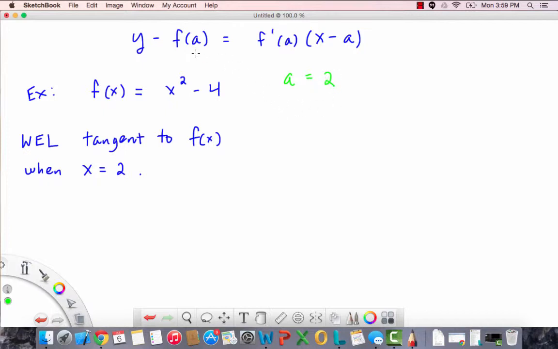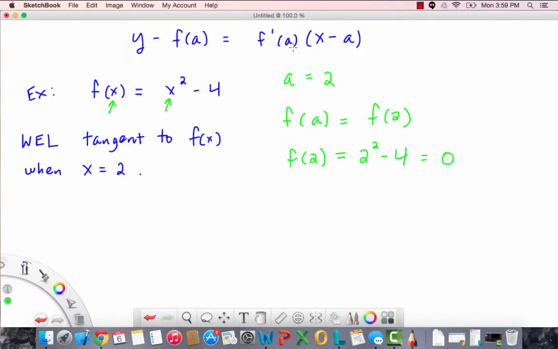Going up to our equation, we need f of a. So f of a is simply f of 2, and f of 2 is evaluated by subbing in a 2 wherever there's an x. So we have 2 squared minus 4, which is 0.